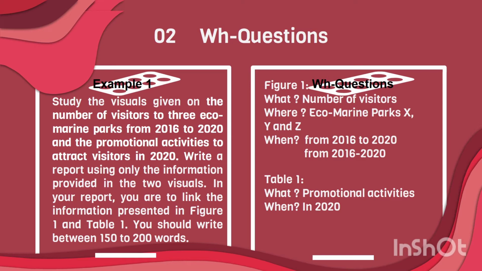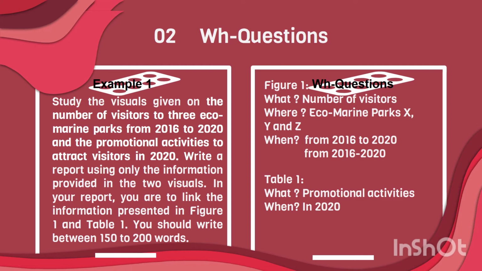From 2016 to 2020. If you look at "from 2016 to 2020", when you count the words, the total number of words here is 4 words. But if you use "2016-2020", here the number of words is only 3 words.